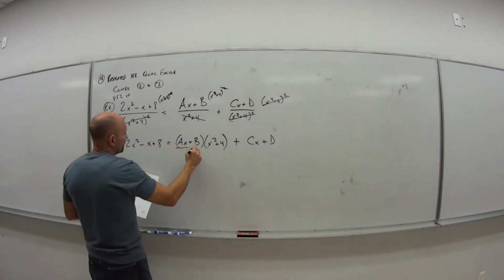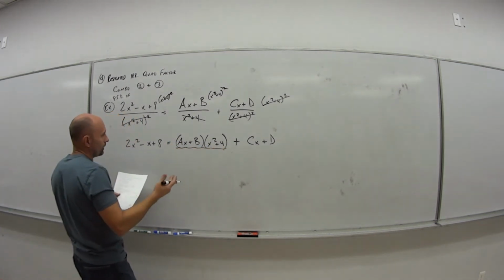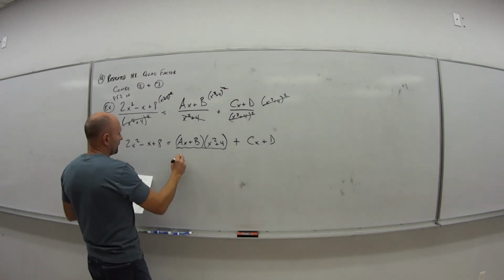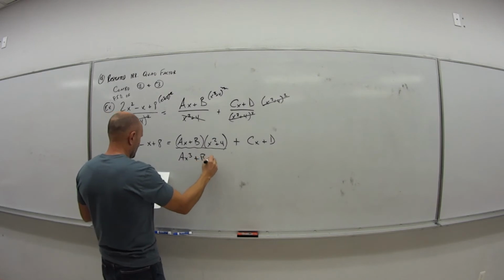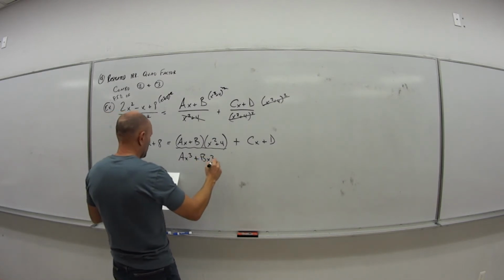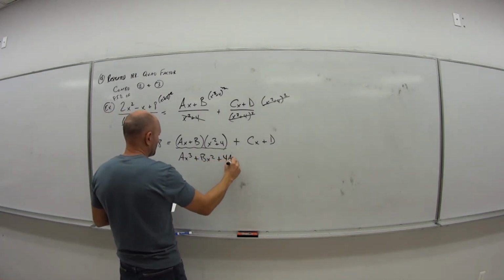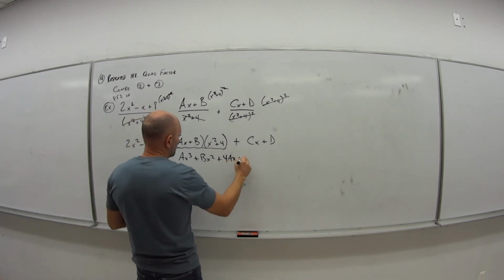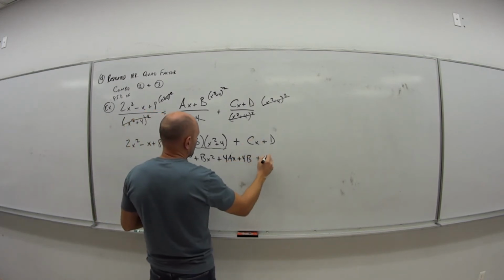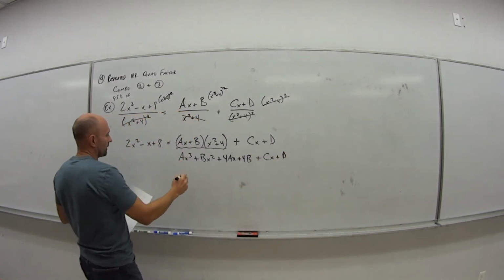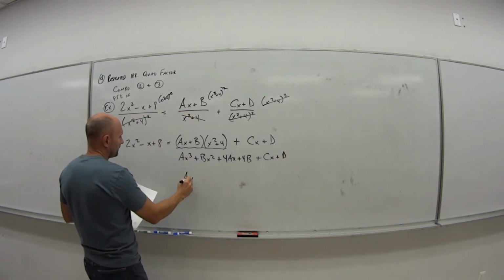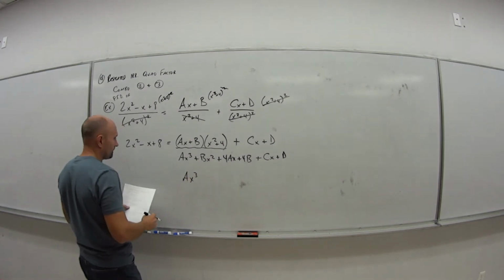So now when you break this whole thing out, when you FOIL it, you end up with Ax to the third plus Bx squared plus 4Ax plus 4B. And then these guys still plus Cx plus D. So if I combine my x to the third term pieces, that's just Ax to the third.